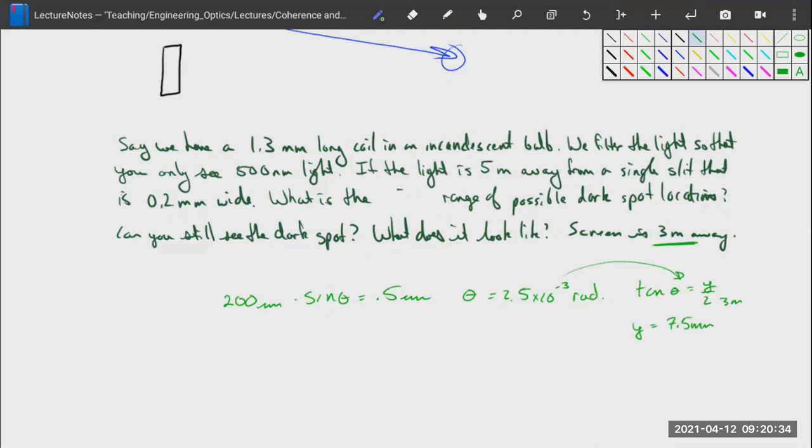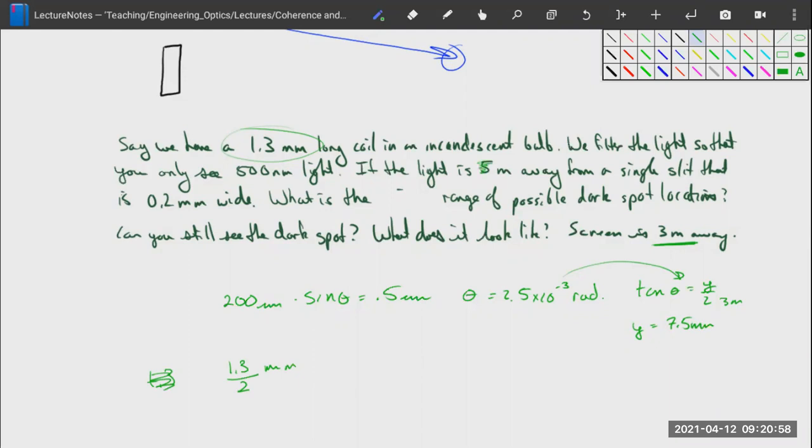So if we look at our coil here, we have 1.3 millimeters, right? Now, we only have to worry about halfway, so let's divide it by 2. Oh, I wrote this down wrong.